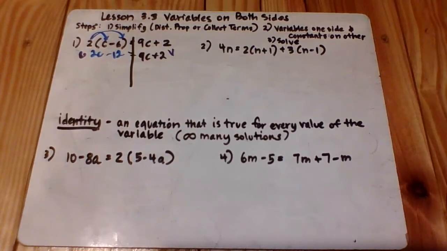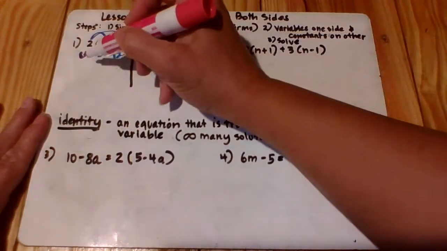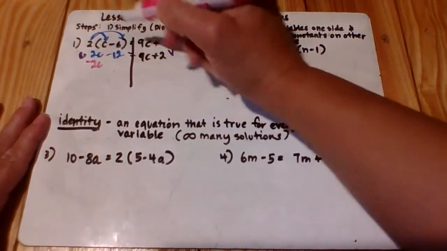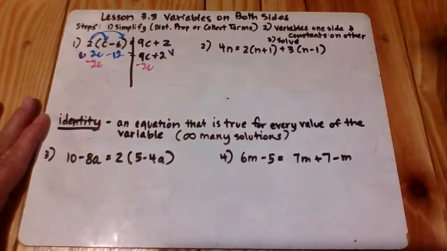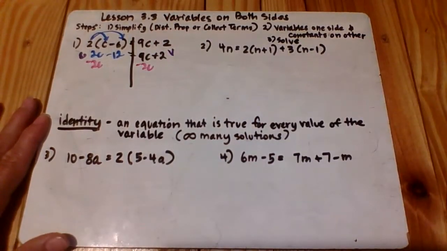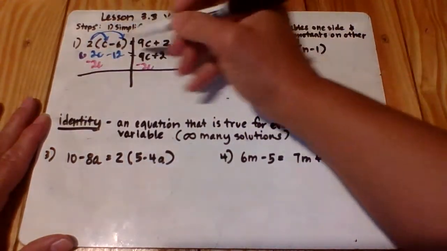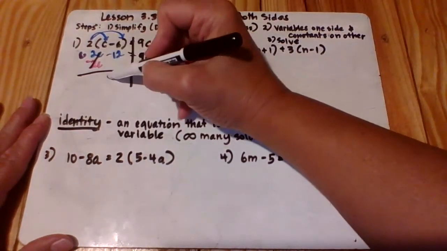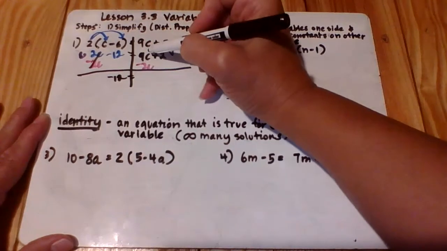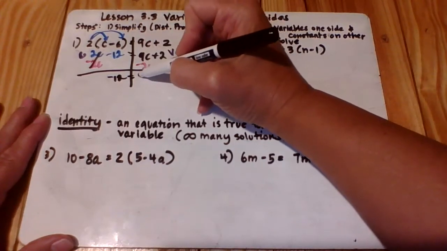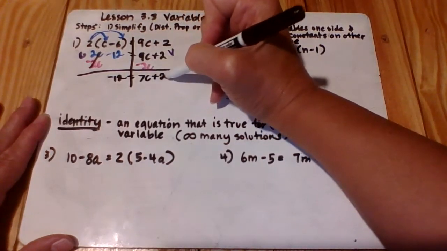In order to do that, I usually move my variables first. I recommend that, but you don't have to. You could move your constants first, but I like to keep things in order, so I usually do variables. So these cancel. Bring down a negative 12 equals 9c minus 2c is 7c, and then plus 2.